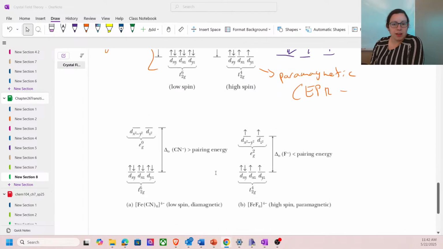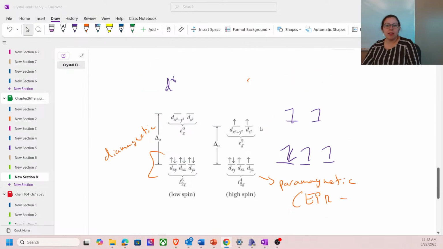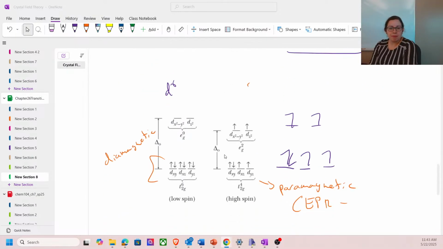All right, so then I have one more question. Would these be two different orbital configurations that you'd see in the same element or two different ones? So these would probably be two different compounds. Okay. So again, we weren't given details here, but basically these would both be D6 compounds just with different ligands attached.